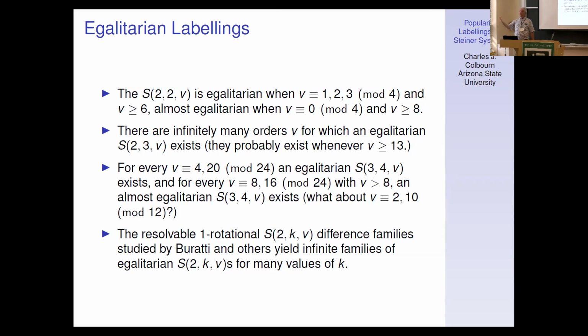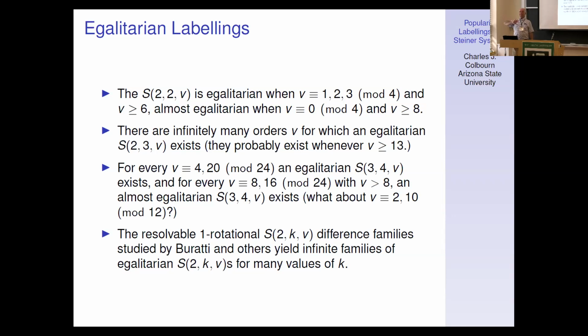So let's move up one. Steiner triple systems. I wrote a paper in DCC about 2 years ago that shows many constructions and infinite classes for egalitarian Steiner triple systems.